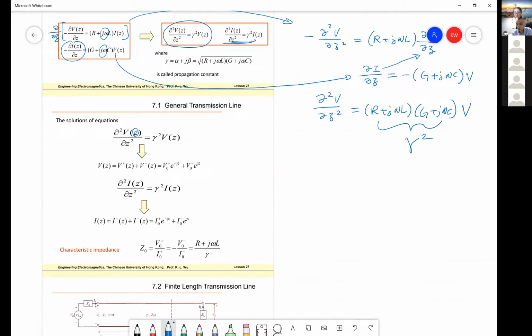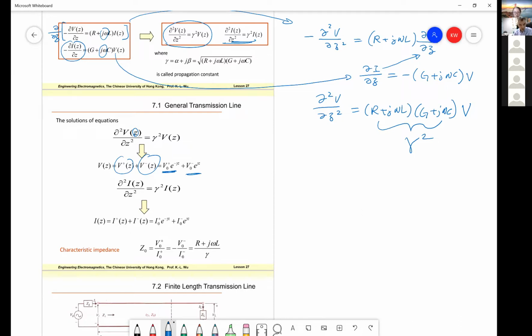We call this a second order ordinary differential equation. For a second order ordinary differential equation, we have two solutions. One corresponds to the wave propagating in that direction, and another in the minus direction.